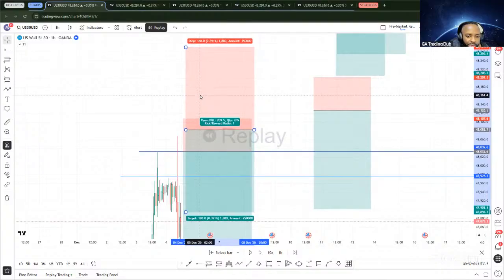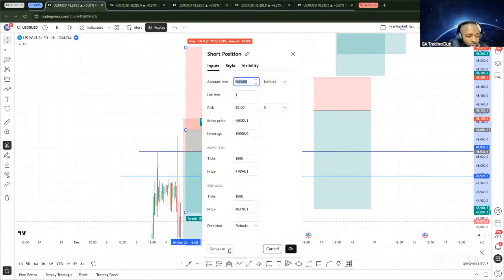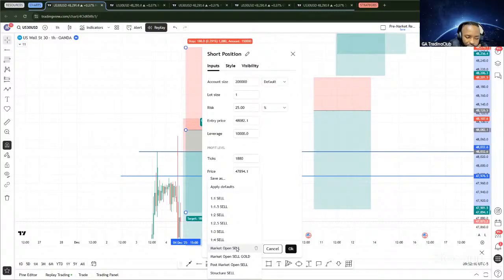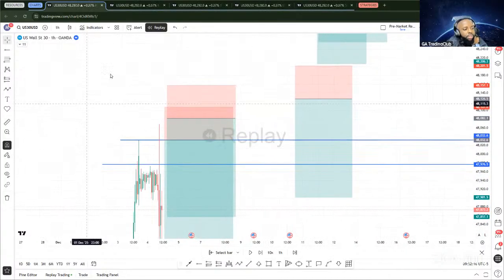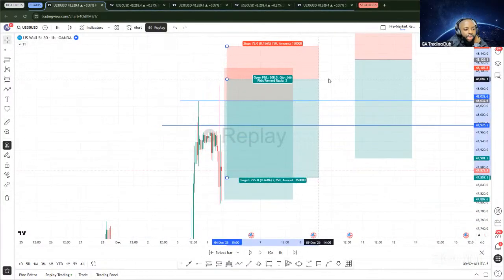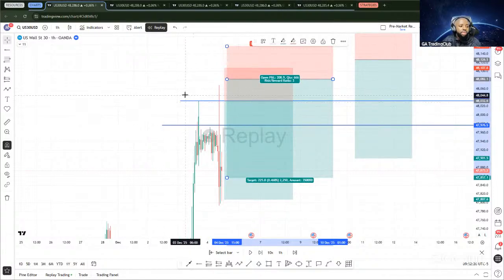And as much as I'm eyeballing it right now, you want to be very specific. You want to zoom in and see where the candles intersected, because you can literally miss out on a trade just by a couple of pips. So for this particular day, I would have identified this as my area of bearish structure.